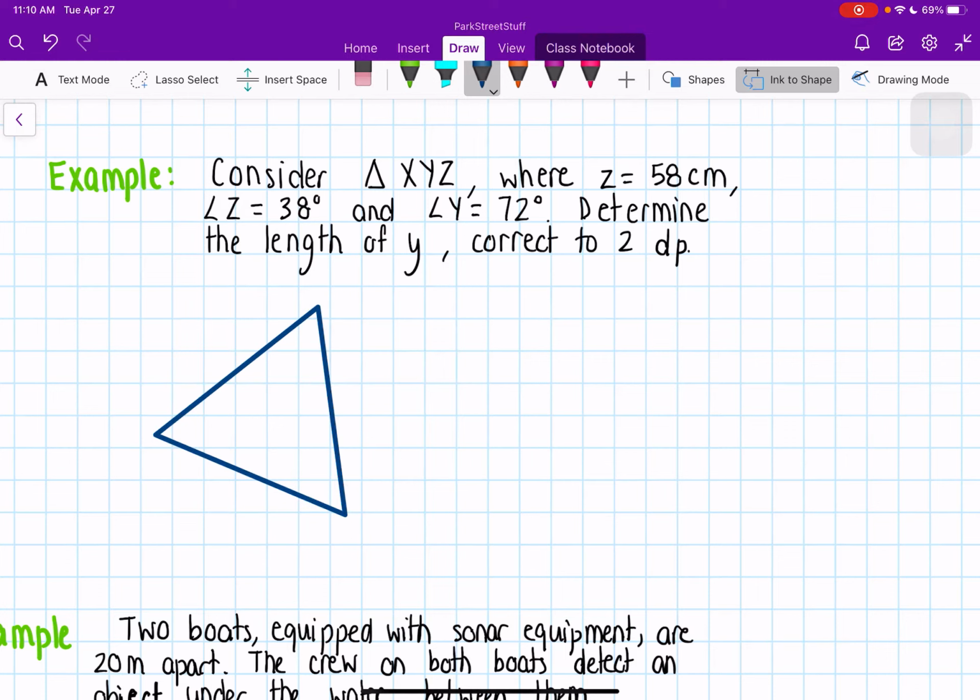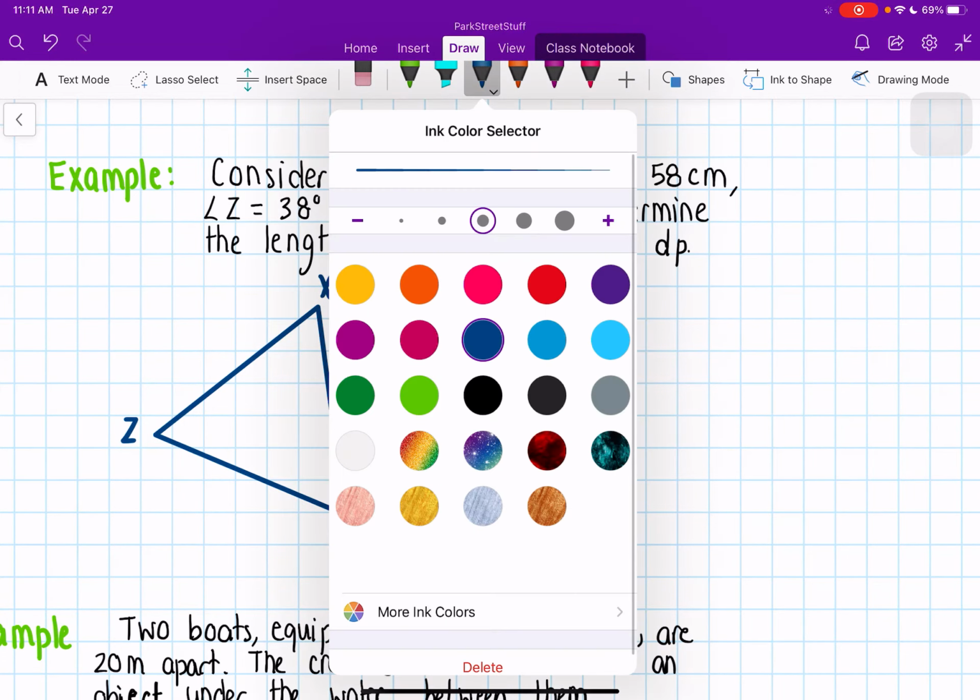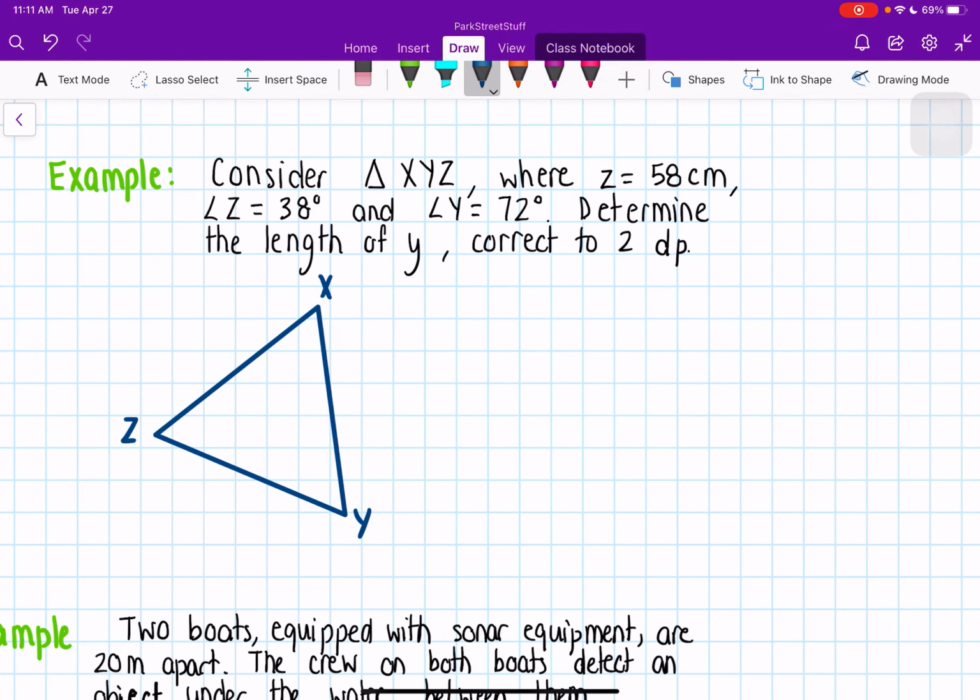We know it's called X, Y, Z. So we are just going to label my vertices X, Y, and Z. It does not matter how you do that. What matters is that now when you put your values in, you put them in the right place. So it says that side Z is 58. So my angle Z is here.